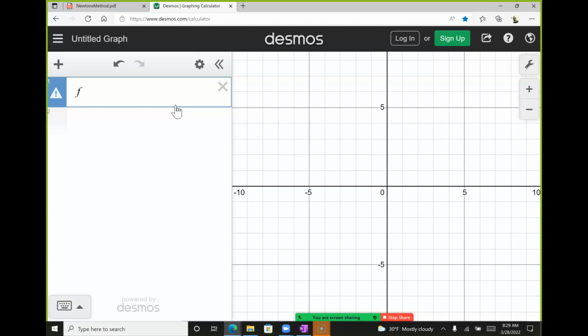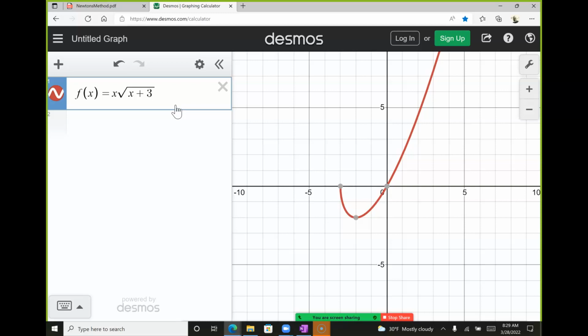So f of x equals x times the square root of x plus 3. So there's my function, and you could see it's already given me a couple of important points on here. That's why Desmos is so much more powerful. It can already see the calculus here.